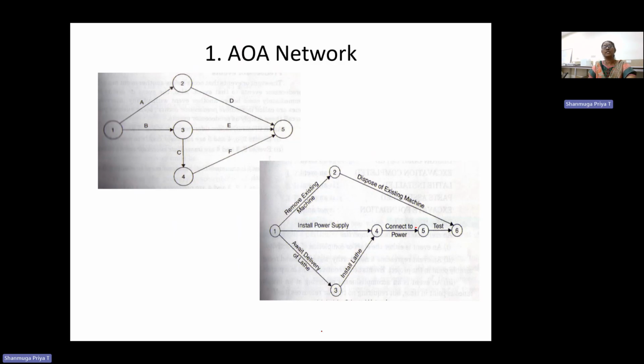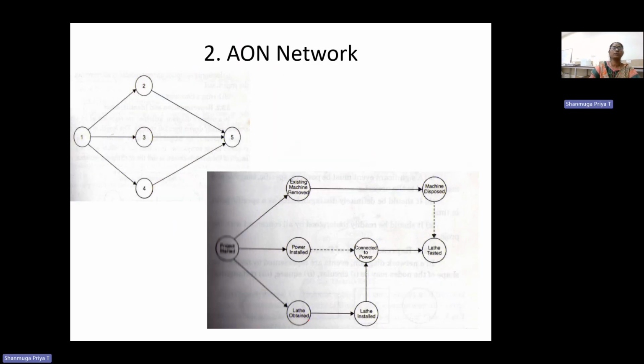In a similar way, I will give an example for the AON network. Here you can see 1, 2, 3, 4, 5 are the nodes, and the activities are mentioned in the nodes. You can see the existing machine removal and power installation, the same activities, but here we express them in a different way. A dotted line connects these two nodes, two activities, together.